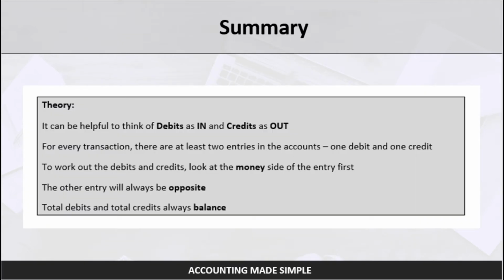Following what we learned earlier, number 1, there are at least two accounting entries recorded for every transaction. Number 2, that once you know how to record the money side of the account, that is a credit to the car loan account, the other entry will always be opposite.